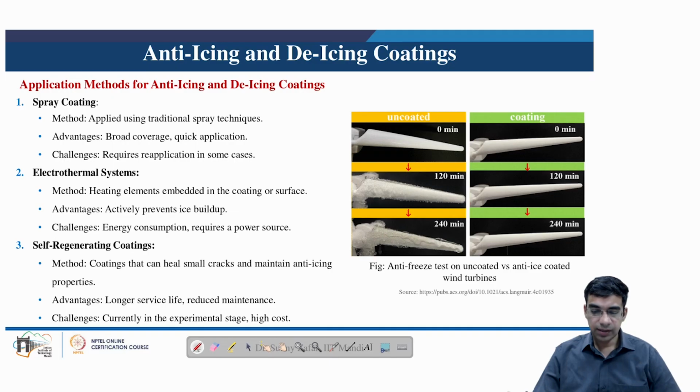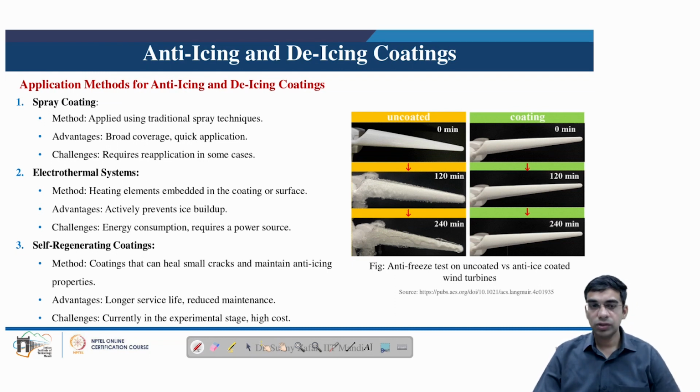So these are the various methods of applying the anti-icing and de-icing coatings. These include spray coating. These are the traditional spray techniques which have advantages of broad coverage and quick application. However, the challenges of this method include reapplication in some cases.